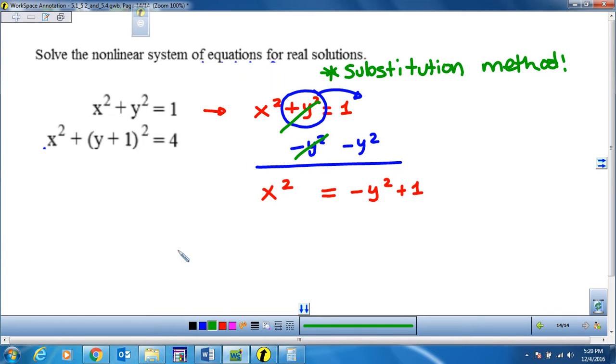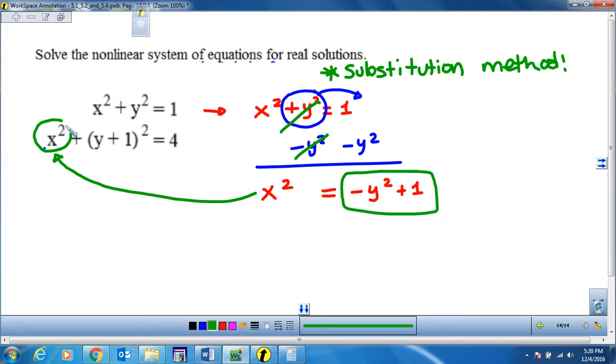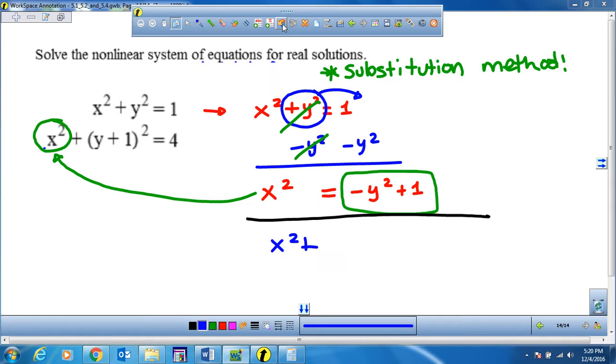So this is the value for x squared, right? And there is an x squared here. So you're going to substitute into that x squared of the other equation the value that you got here for x squared. So here, I'm going to copy x squared plus y plus 1 squared equals 4.